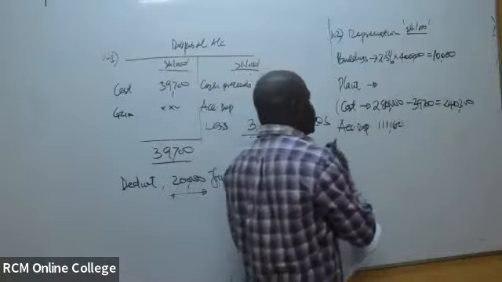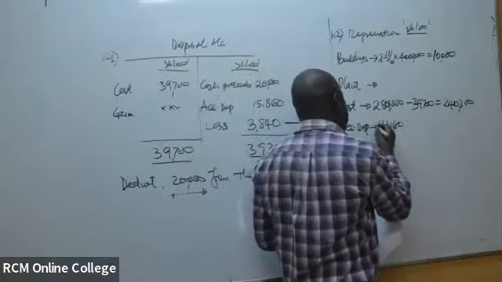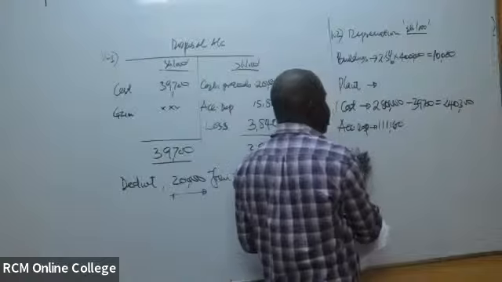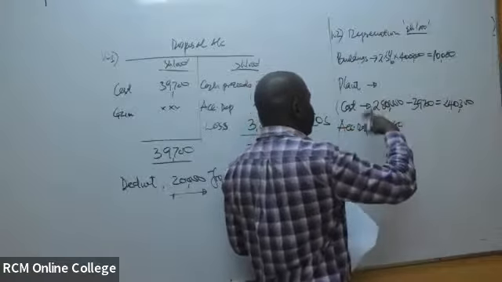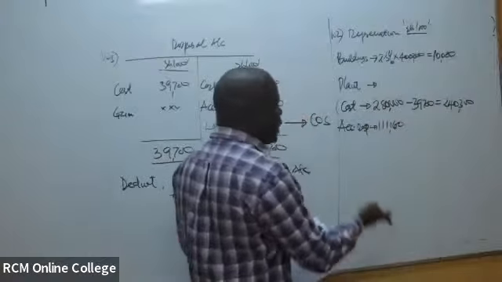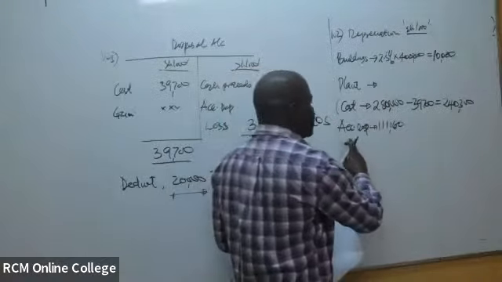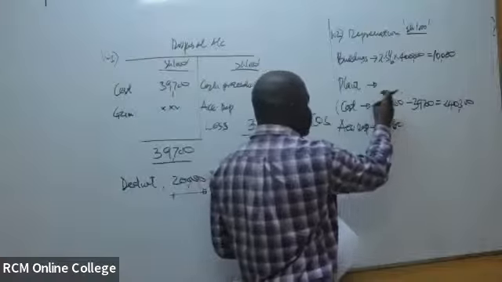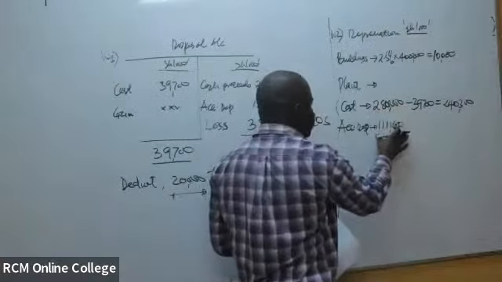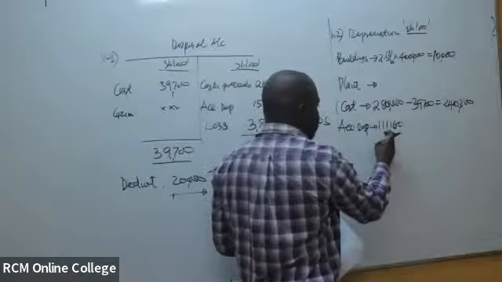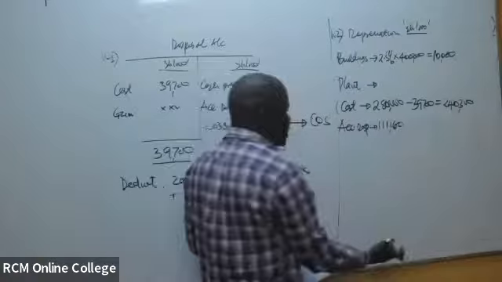Then, because it is a reducing balance, you have to get the difference. You get the cost, you minus the accumulated depreciation, for you to apply the percentage of depreciation. So as per the TB, on all these items, the accumulated depreciation is 111,160 so far.